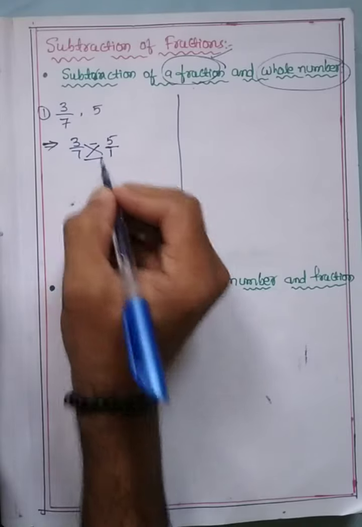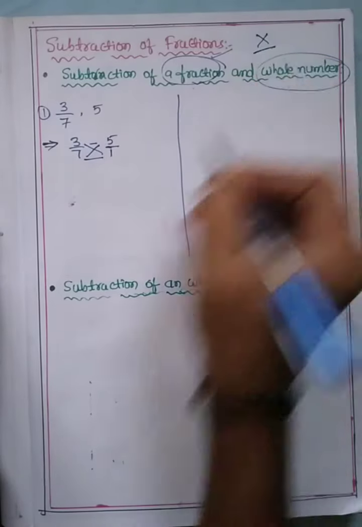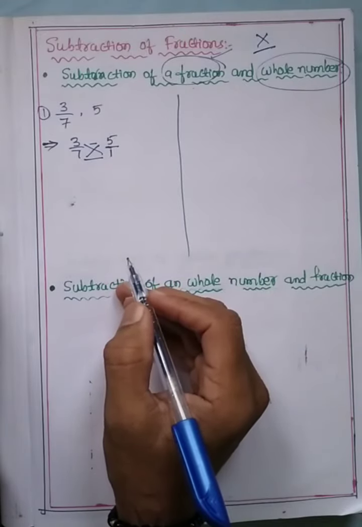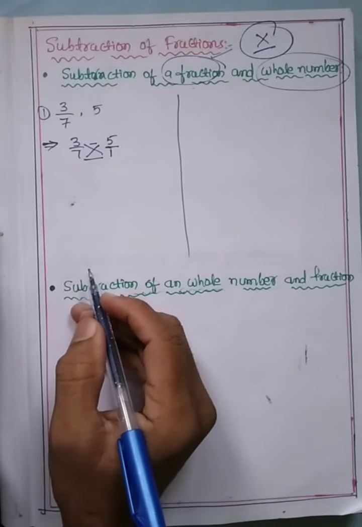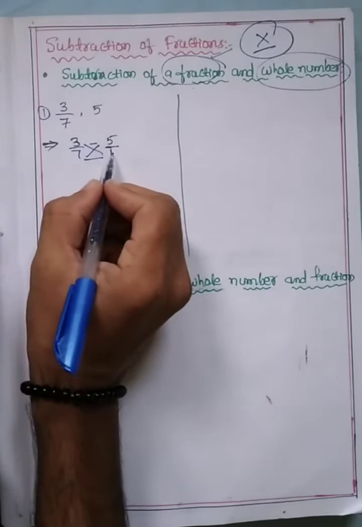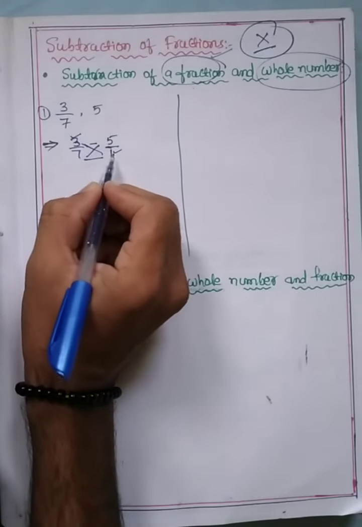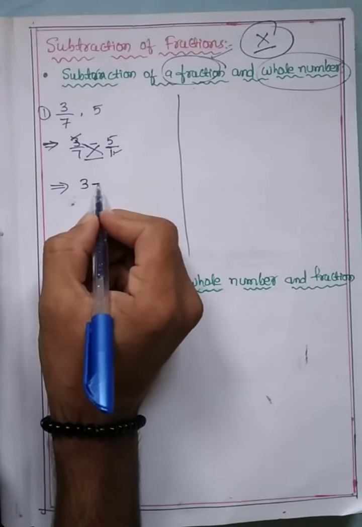now do cross multiplication. This is the symbol of cross multiplication. We discussed this cross multiplication symbol very clearly and deeply in the previous classes. So see, first multiply these numbers, this numerator and this denominator. 3 ones are 3.